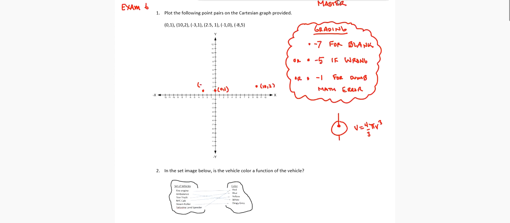That's right here. 2.5, 1. You have to estimate this. 2.5 is halfway between 2 and 3. And 1, oh, it's right here. So 2.5, 1, probably in the way of another one. Minus 1, 0 is here. All this space, and I had to put all these points right next to each other. So minus 1, 0, and then minus 8 and 5.